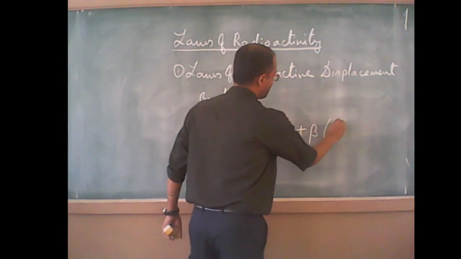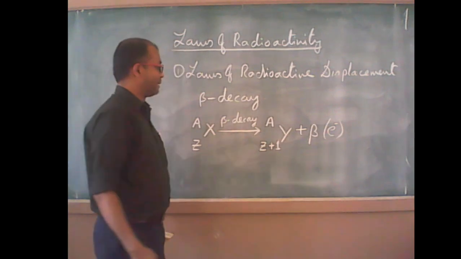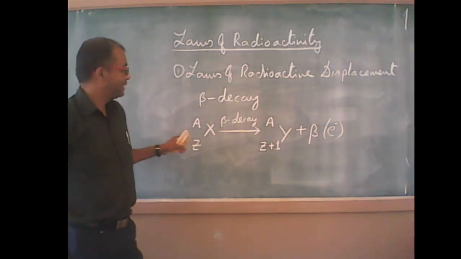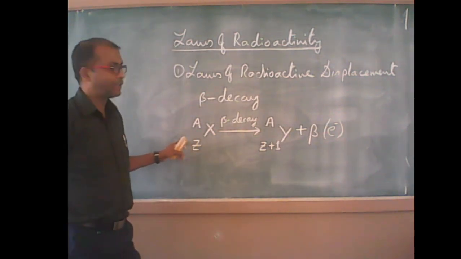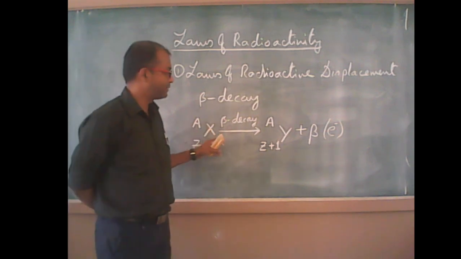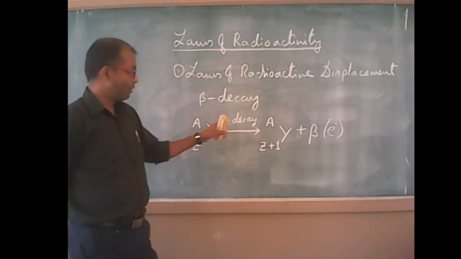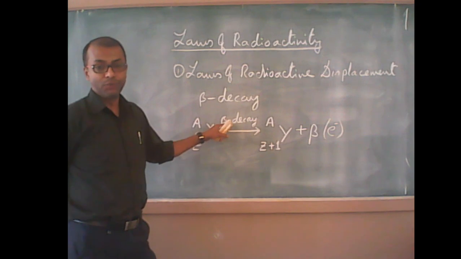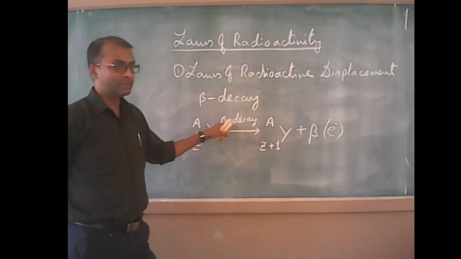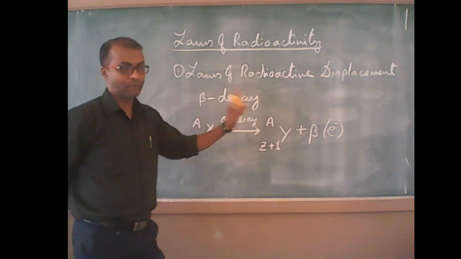So beta is nothing but the electron. This is something very interesting. Later when we study higher nuclear physics, we'll study more about how a nucleus which has only protons and neutrons emits an electron.